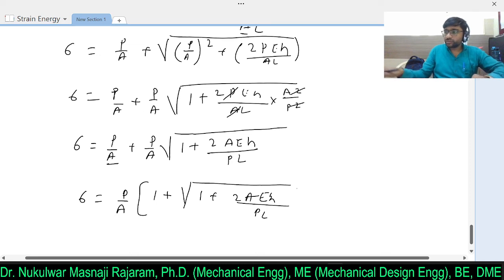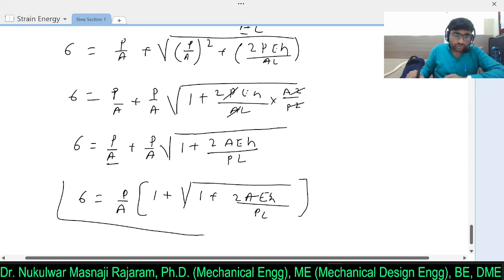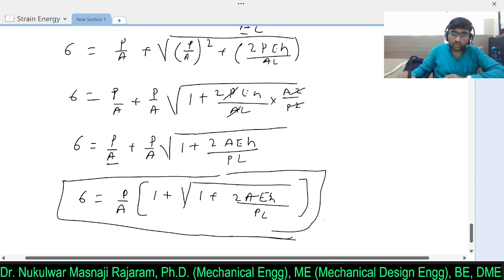Clear? So this will be the expression for the stress when we apply the load, and the load is nothing but an impact load.